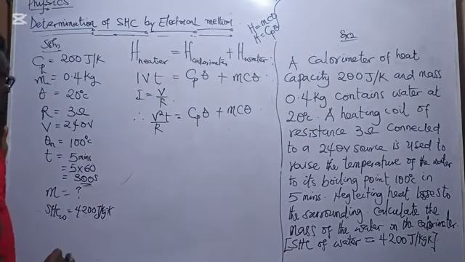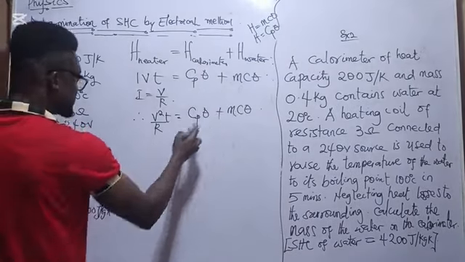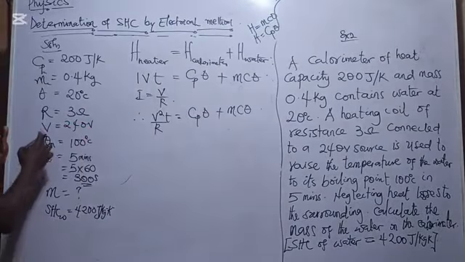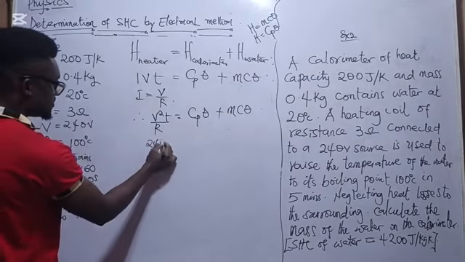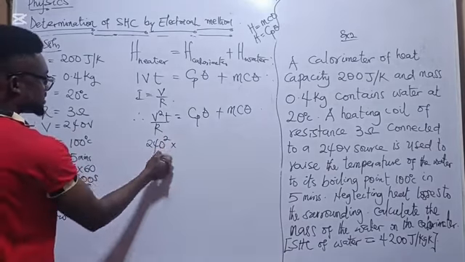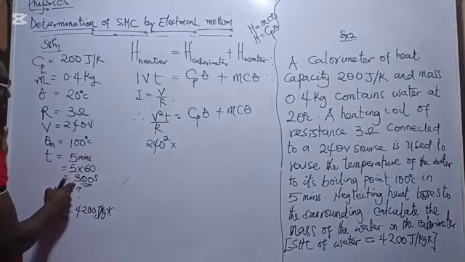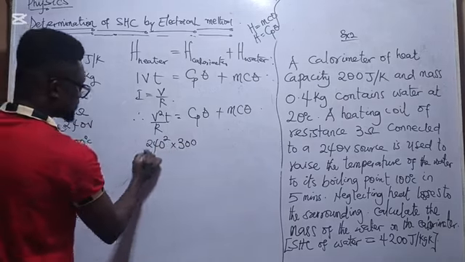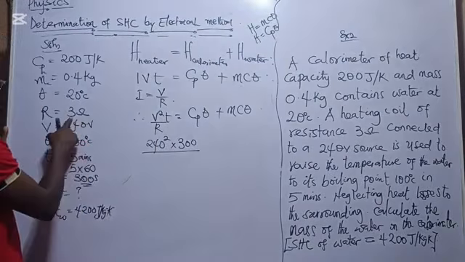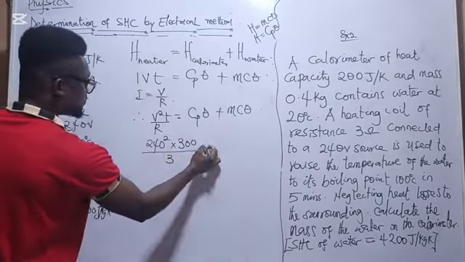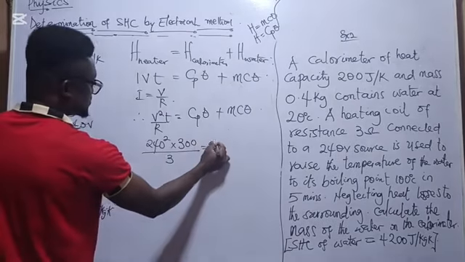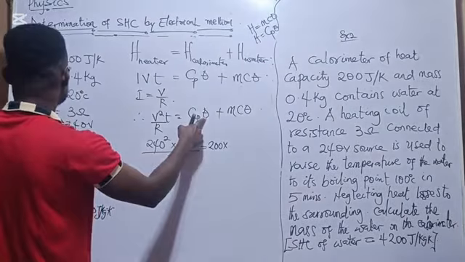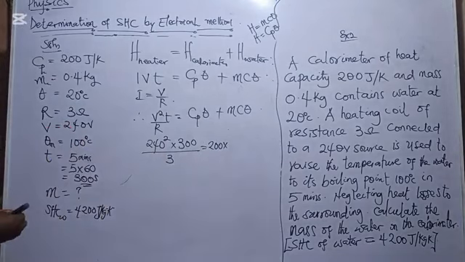Now let's simplify. We are to find the value of this mass. Now let's do the substitution. Here we have the voltage as 240. So here we have 240 squared, then times the time. The time now is 300 seconds, divided by the resistance, which is 3 ohms, equal to the heat capacity of the calorimeter, which is 200, times the temperature rise. That's the temperature difference.